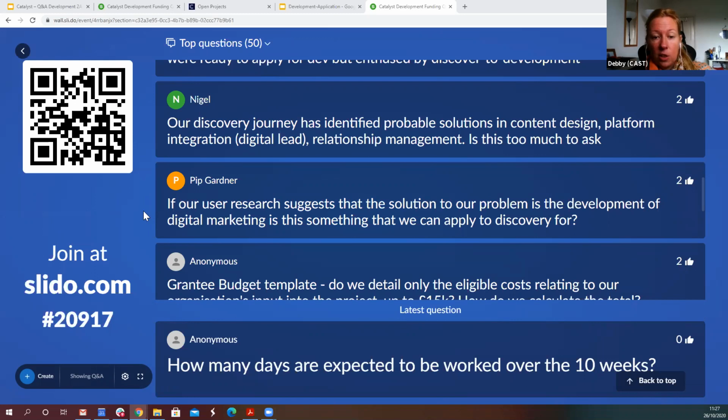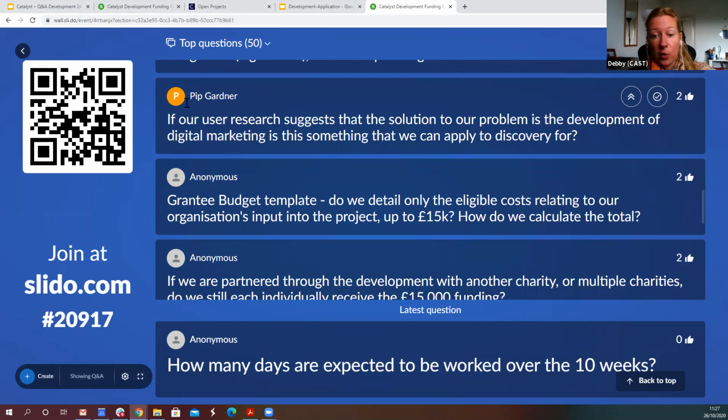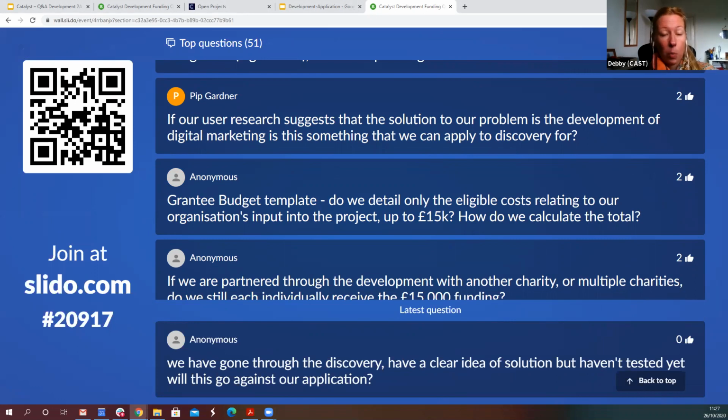If our user research suggests that the solution to a problem is the development of digital marketing, is it something we can apply to discovery for? We're really hoping to fund operational solutions through this fund, so we are not as likely to fund marketing solutions. However, we do recognize that this is a challenge that a lot of organizations are looking to address with other fundraising avenues, now that it's harder to continue when we can't meet face to face and can't have events.